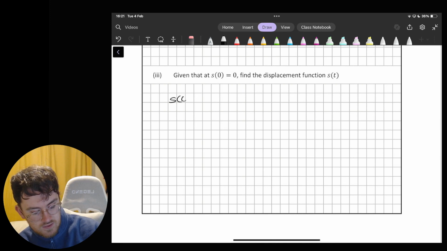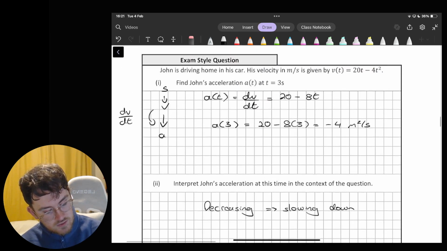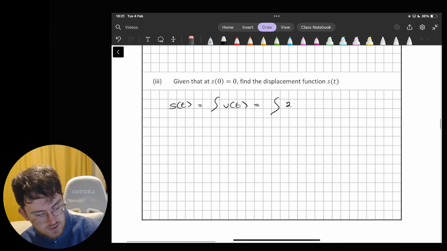Given that s of 0 equals 0, find the displacement function. To find displacement, we need to integrate velocity. So we're going to integrate my velocity function, which was 20t minus 4t squared, with respect to t. That's going to give me 20t squared over 2 minus 4t cubed over 3 plus c.